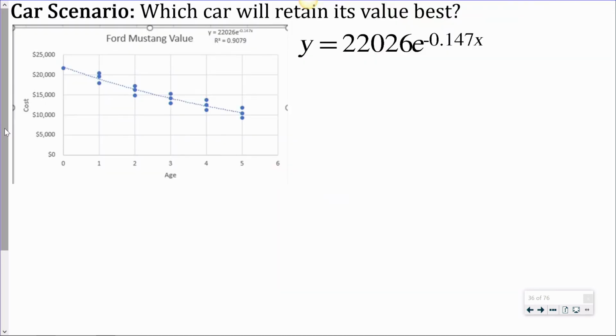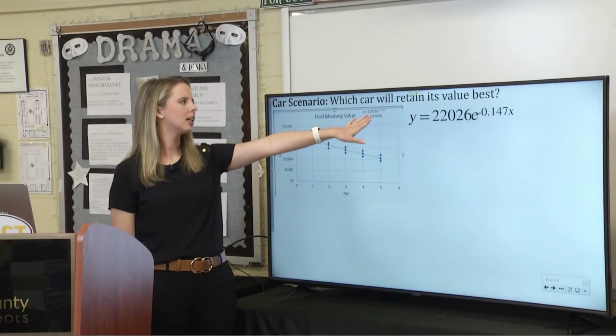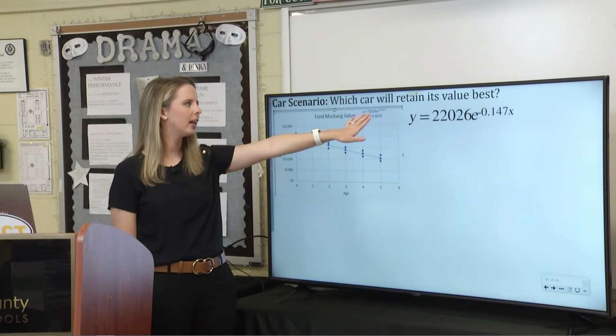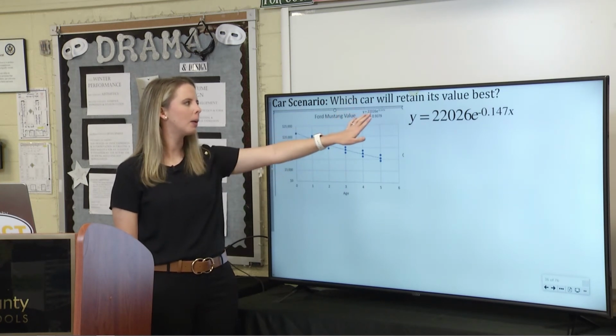You're going to select that and Excel is magic. All of a sudden, you have an exponential function of best fit going through the data points that you provided, that you researched, that you discovered, right? And up here at the top of your scatter plot and your graph is going to be this function.